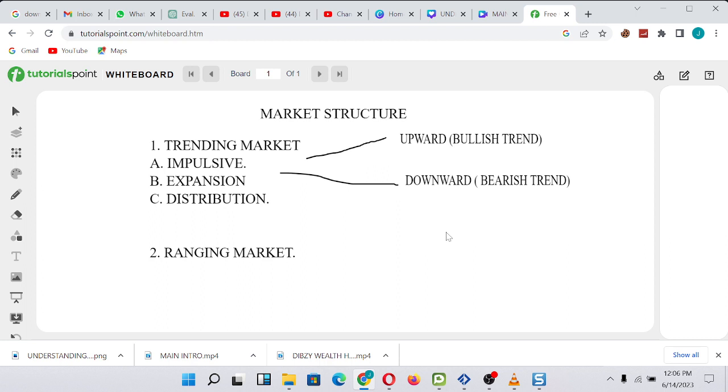Now, let me explain how the bullish trend is. This is an example of a bullish trend.